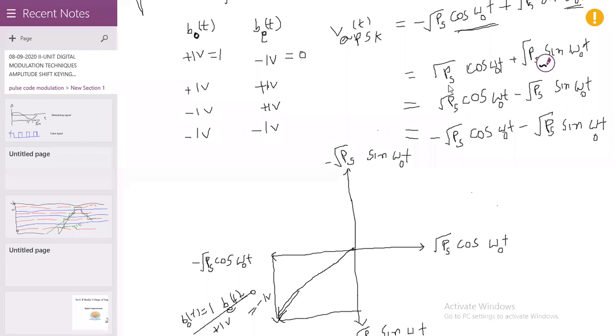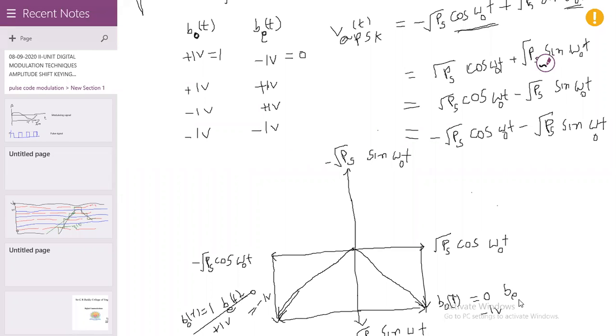For the second equation, both are positive. We can draw the resultant for this one. Similarly here we can draw this vector. This is the resultant of this one. So for this case, V naught of t, V naught is always odd, equal to 0, that is -1 volt.